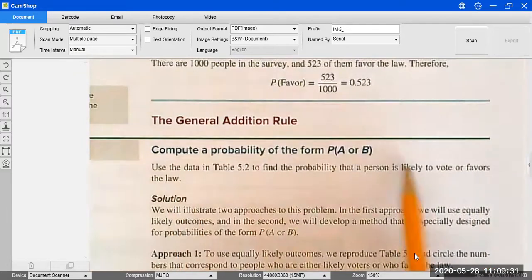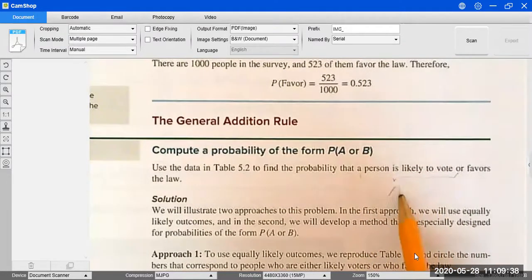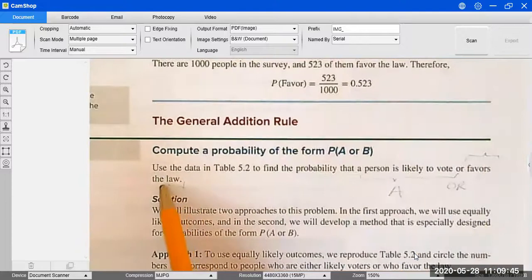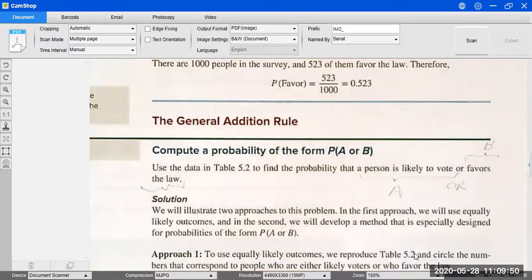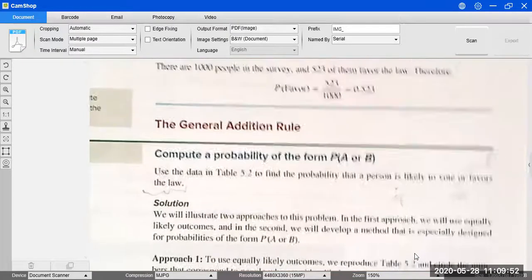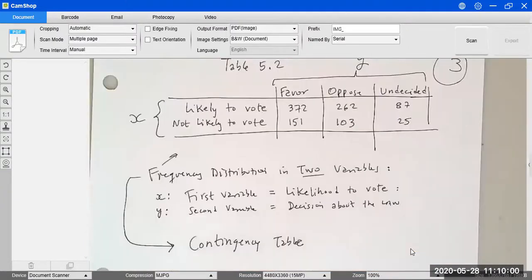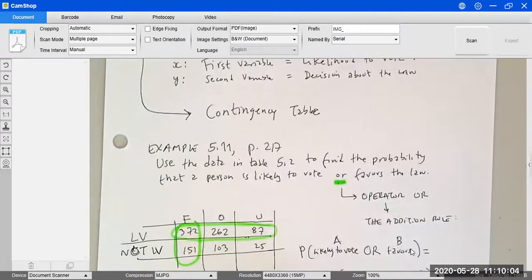So there are two events here. So this is going to be event A, then we have the operator or, and then favors the law is going to be event B. So we have A or B. So the solution, I'm going to show you the solution first by using the concept of just looking at the corresponding frequencies for those events.